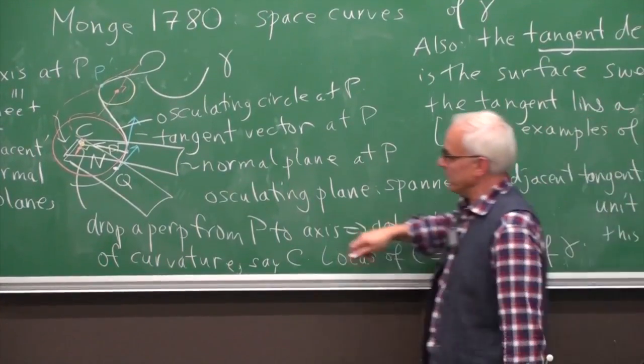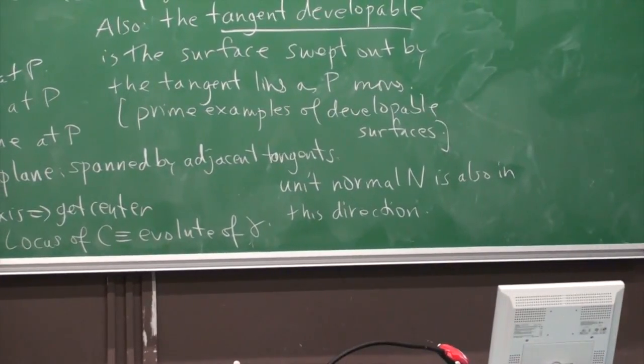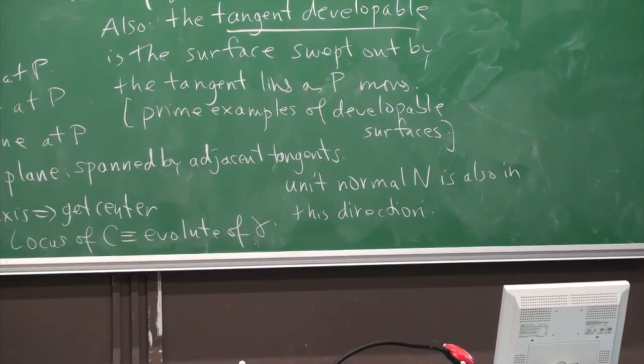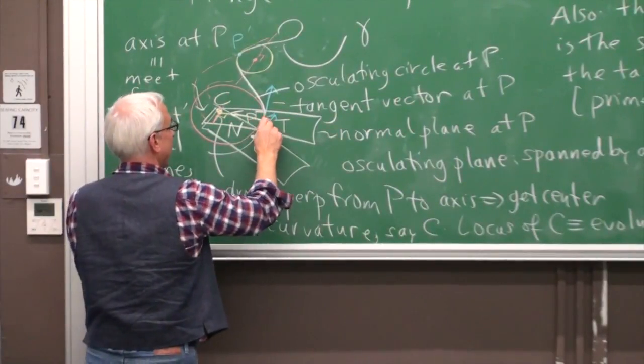And then once we have the tangent, t, let's say the unit tangent, and we have the unit normal, then we can take the third perpendicular vector, the binormal. So 1, 2, 3.